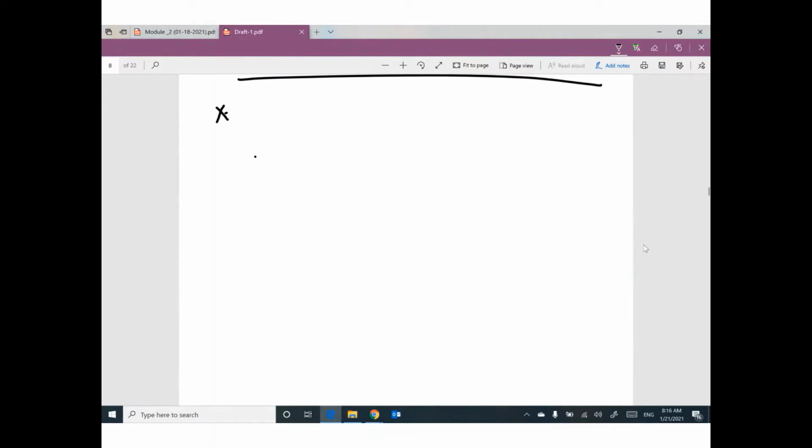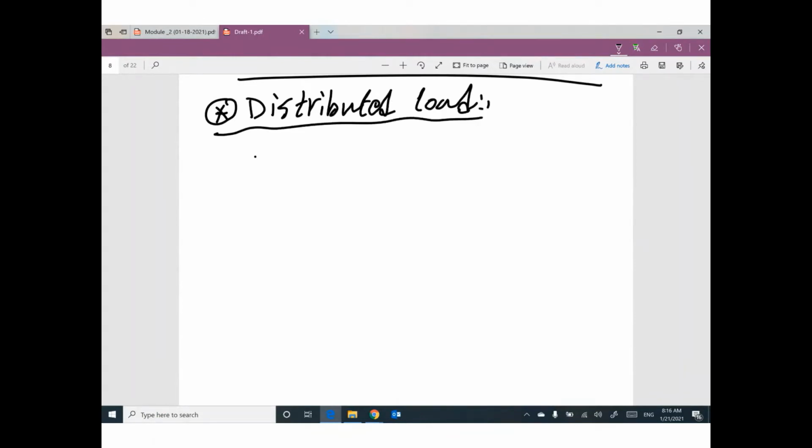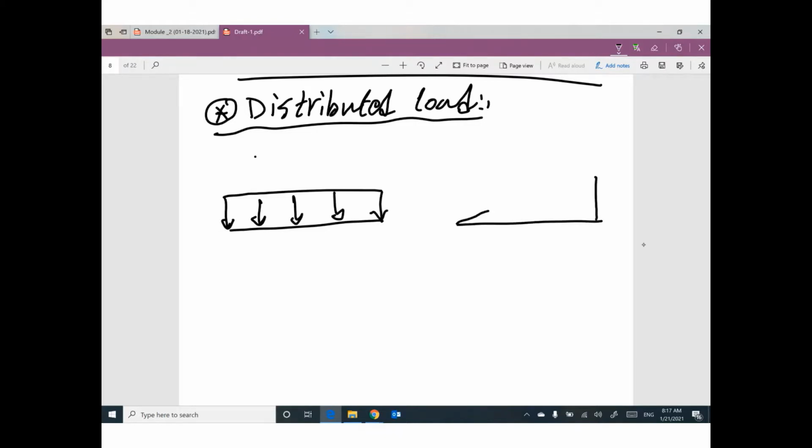Sometimes we have something called distributed load. Distributed load in this course will be only two shapes: uniform, like this rectangle, or a right angle triangle like this one.